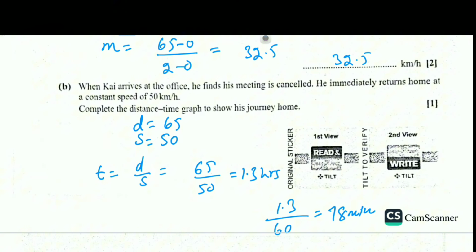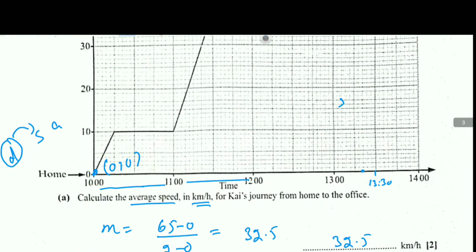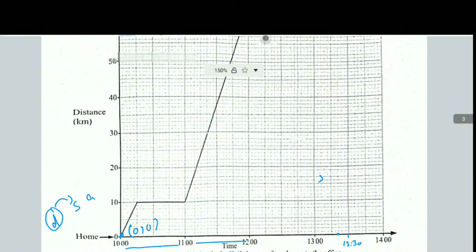So 78 minutes means 1 hour plus 18 minutes. So 1 hour and 18 minutes will be somewhere here. So this will be the estimated point. If we count 1 hour from 12, so 12 to 13, 1 hour, and 18 minutes more we will count. So this will be the point. Now we will complete the graph.